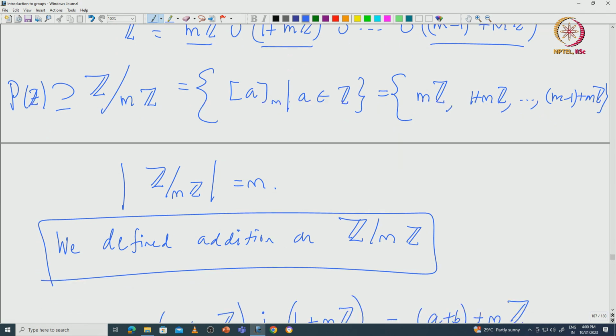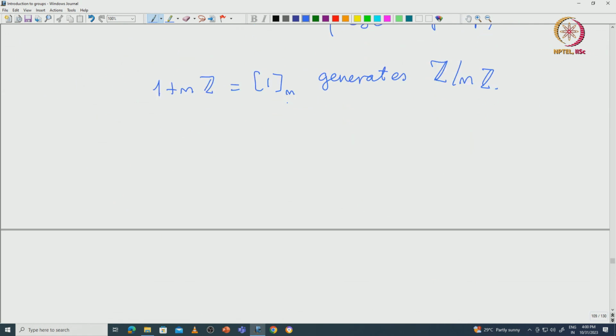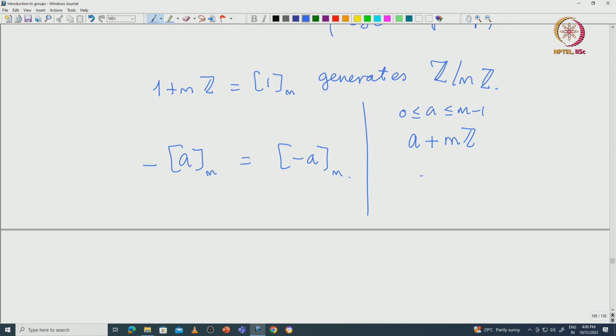Given any residue class, let us call it A modulo M, the inverse of this will be exactly minus A modulo M. For example, if you take A plus MZ, where A comes from 0 to M minus 1, then the inverse of this will be just M minus A plus MZ.